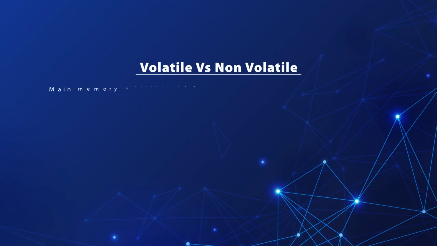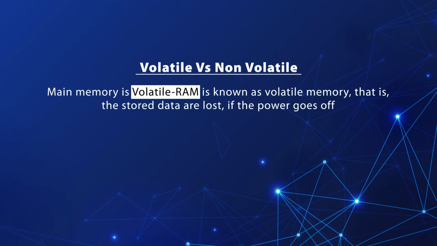One more important aspect associated with the memory is that our main memory, that is RAM, is volatile memory. Volatile means once we start our computer system and it is ready, we load our application program as well as the data associated with the application program in RAM, and it will be available till that particular program is under execution.